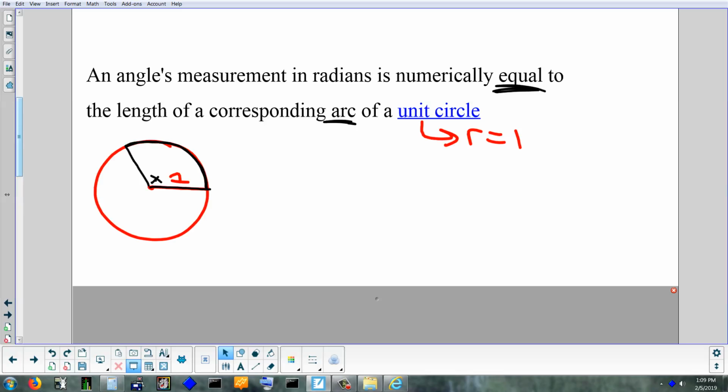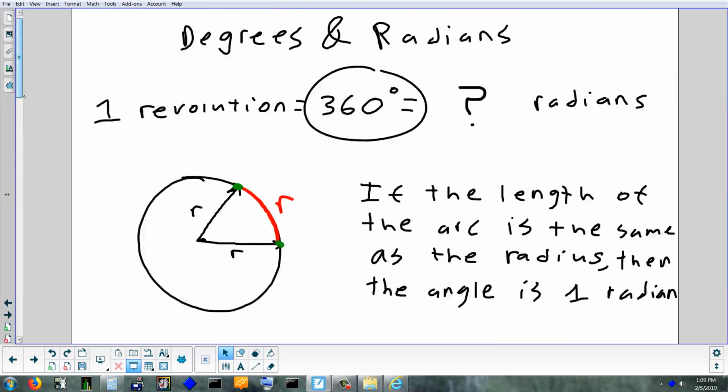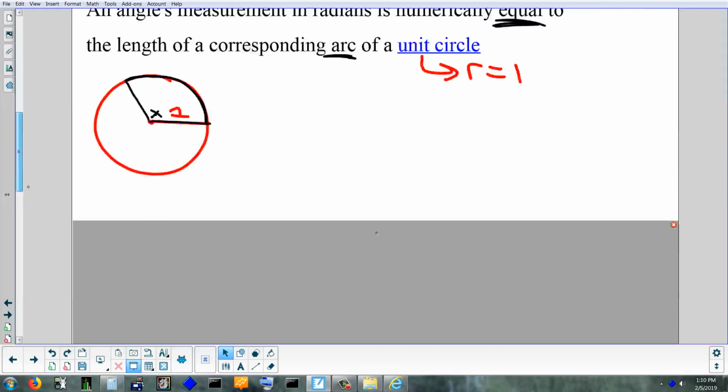So, the size of the angle and the size of the arc are exactly the same in this special circle. So, my goal is to figure out how many radians in 360 degrees. How much of the circle is 360 degrees? How much? All of it.